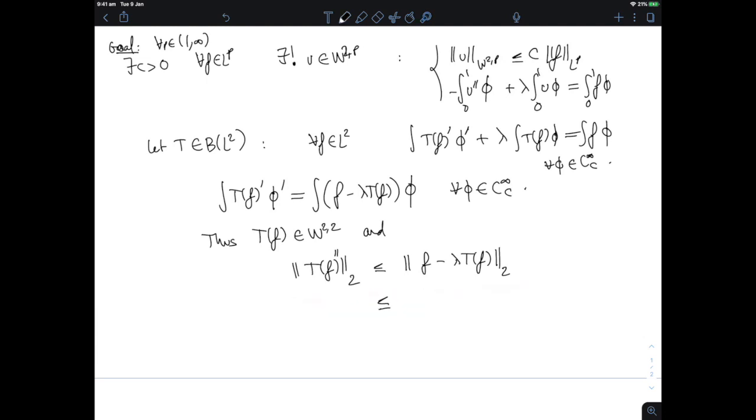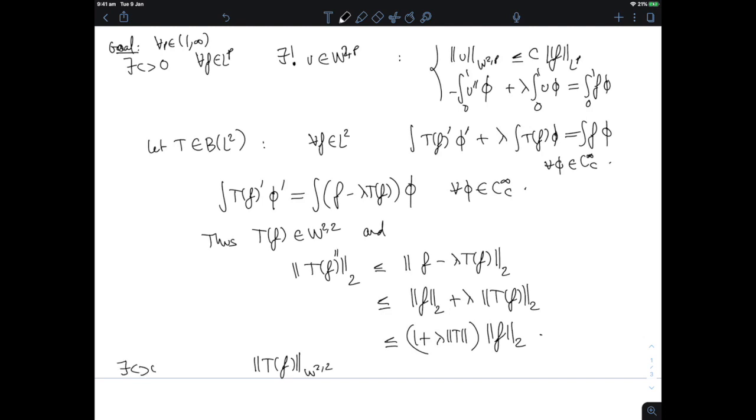Now this is certainly smaller than the L2 norm of f plus lambda times the L2 norm of Tf, but we know that T is a bounded linear map on L2, so this is smaller than 1 plus lambda times the norm of T, all of that multiplied by the norm of f in L2. So we do have that Tf is in W^{2,2}, and that the W^{2,2} norm of Tf is controlled by a constant times the L2 norm of f.